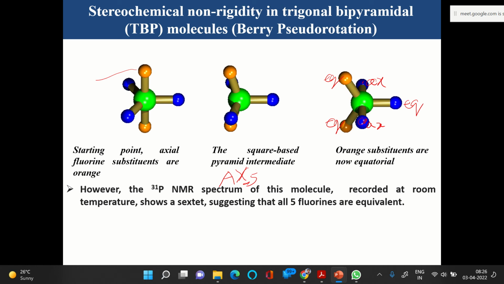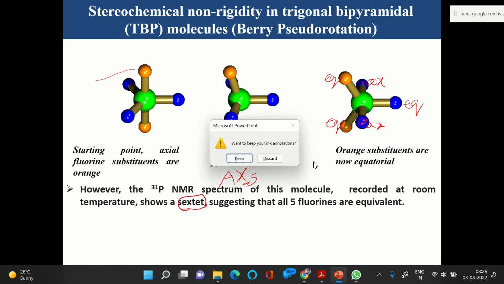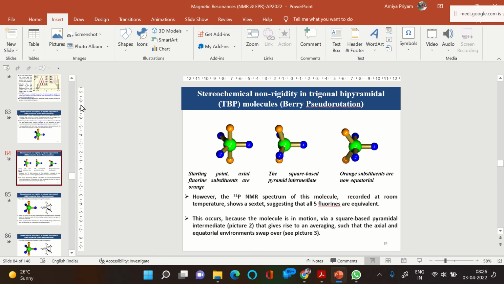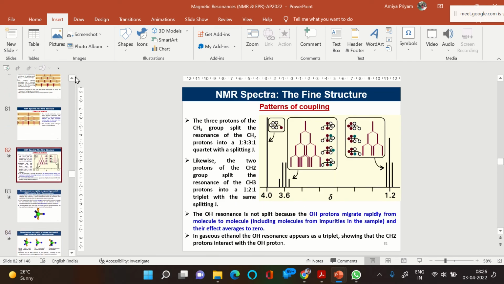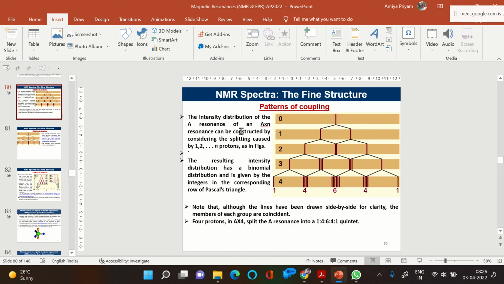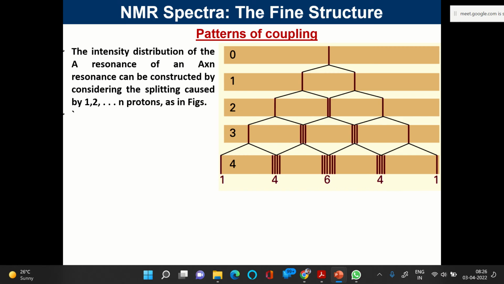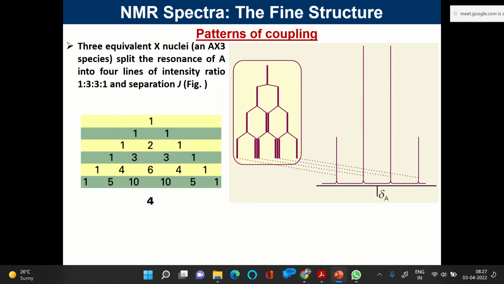So you will obtain a sextet, 6 lines. The 31P signal will be split due to the coupling, following the scheme that we have discussed earlier. All are spin half nuclei. So the splitting pattern in the 31P NMR of PF5 follows Pascal's triangle: 1 2 3 4 5.